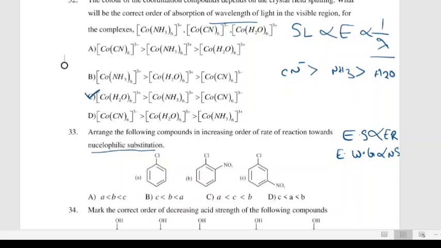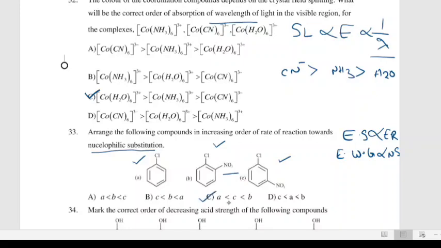If we consider these halobenzenes, the reactivity increases by an electron withdrawing group like NO2. In that case, which is more reactive? Definitely, as it is nearer to the chlorine, it is more reactive. Next is C, next is A. So the answer will be B, C, A. Increasing order: A less than C less than B.